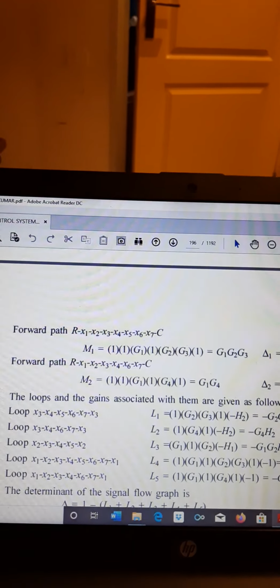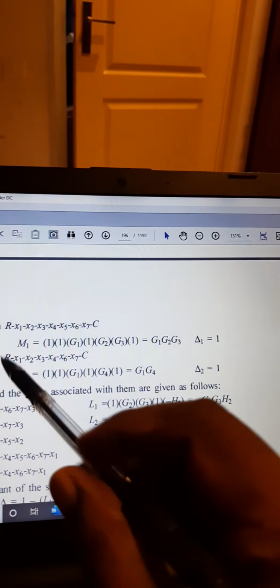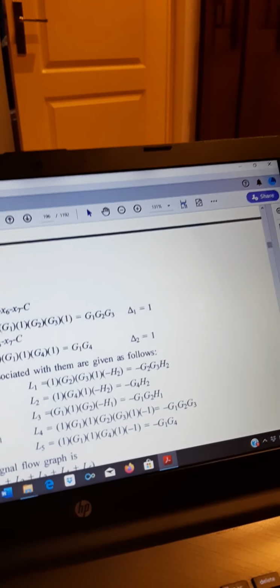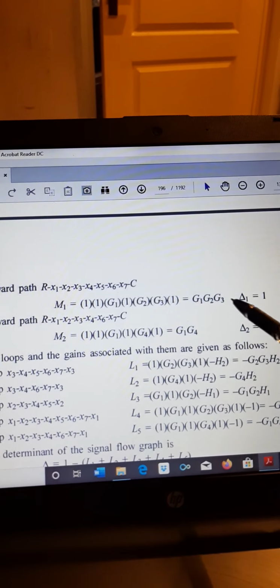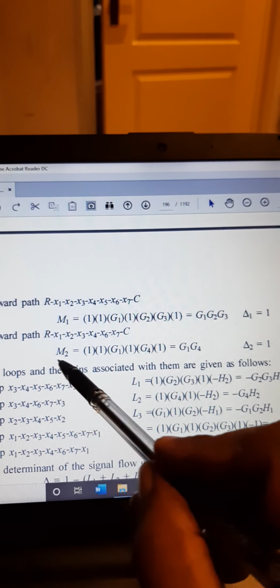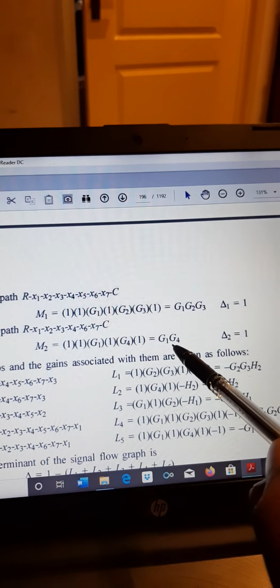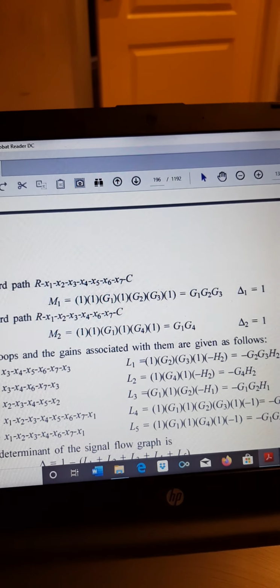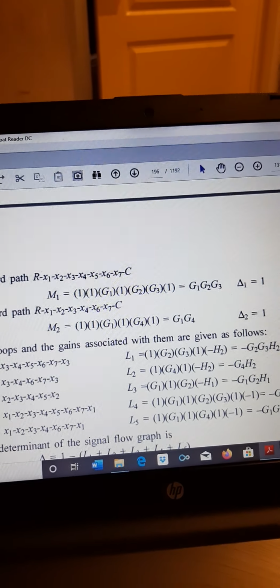And next we will see the gain of forward path. The forward path 1, the gain is this one, M1, and forward path 2, the forward path gain is this one, M2, and there is no overlapping loops.